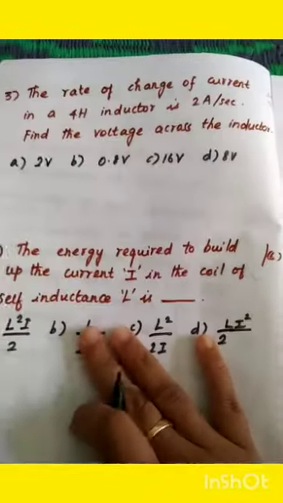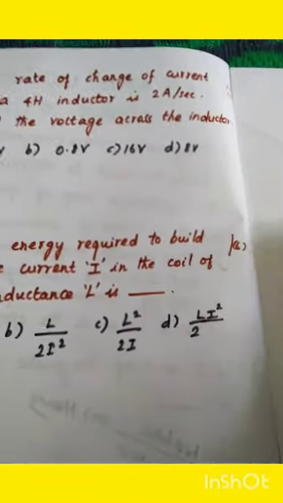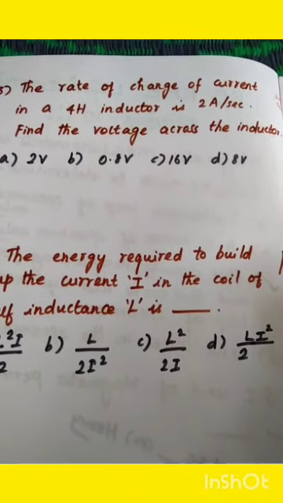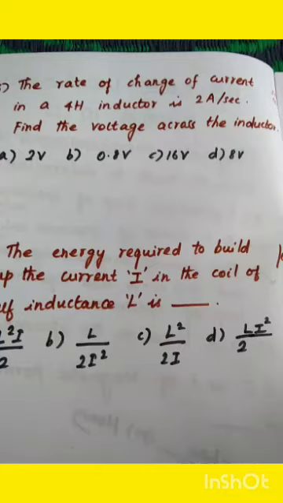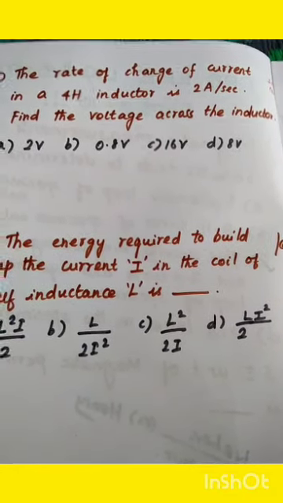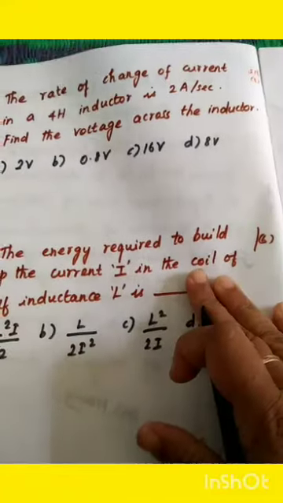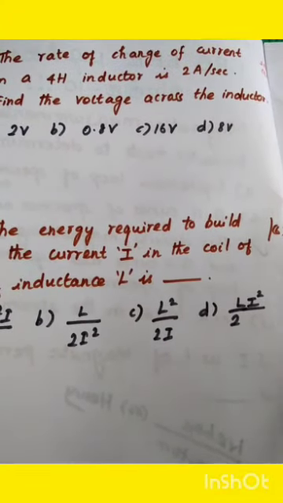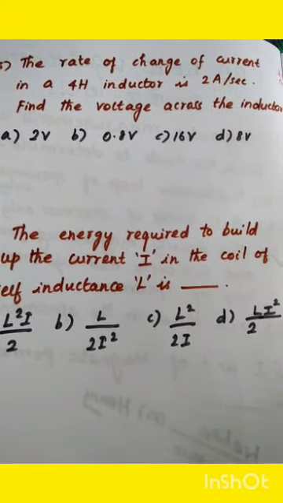The rate of change of the current in a 4 Henry inductor is 2 amps per second. Find the voltage across the inductor. We need to employ a formula to find the answer.